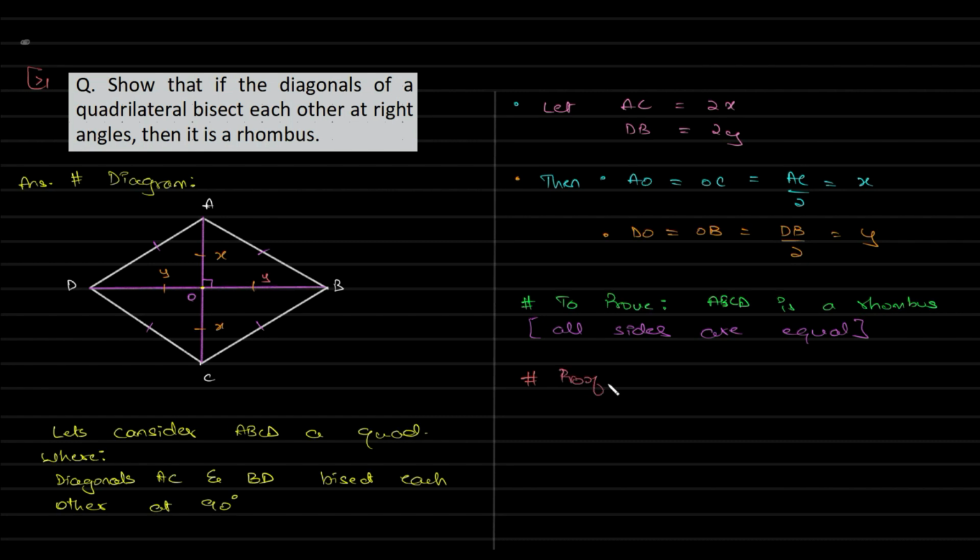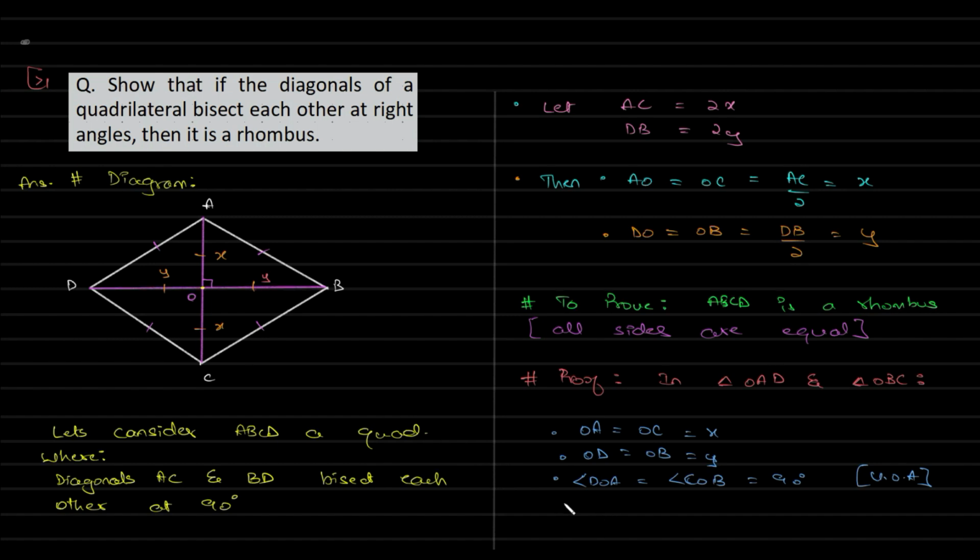Proof: in triangle OAD and triangle OBC, we have OA is equal to OC which is equal to x, OD which is equal to OB which is equal to y, and angle DOA is equal to angle COB, all of this are equal to 90 degree, if not vertically opposite angle.